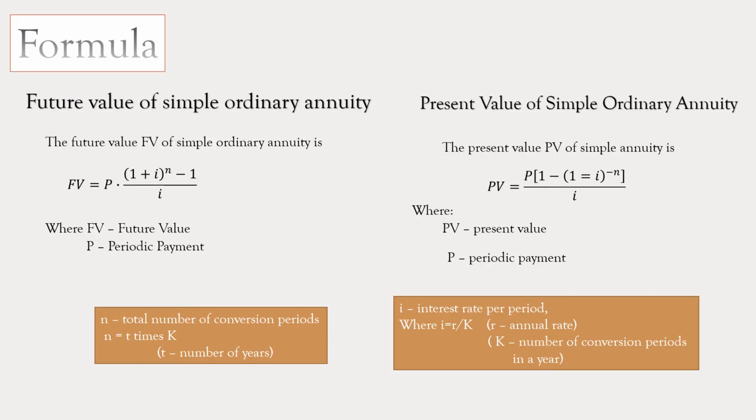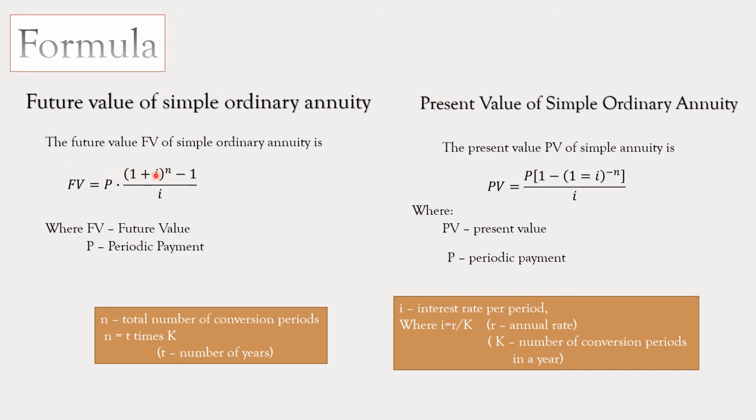So for us to solve for the future value in a simple ordinary annuity, we have the formulas. Future value of simple ordinary annuity. Simple ordinary annuity means the payment is made at the end of each period.